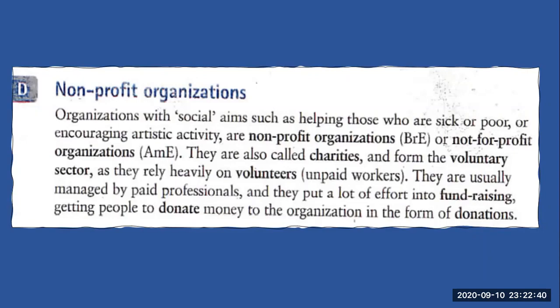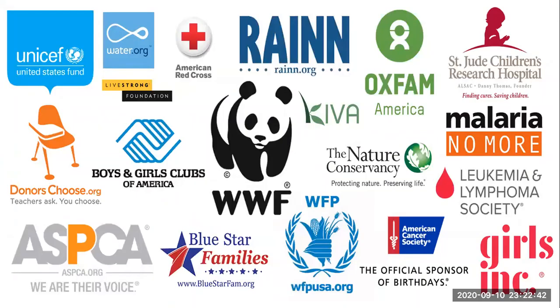Okay, so just for you to know, around the world, there are a lot of foundations, a lot of volunteers trying to make this world a better place. And they usually work in organizations. There are big organizations like these ones here. You probably recognize the panda. So that's to save the animals around the world or to help them. Probably you recognize American Red Cross.